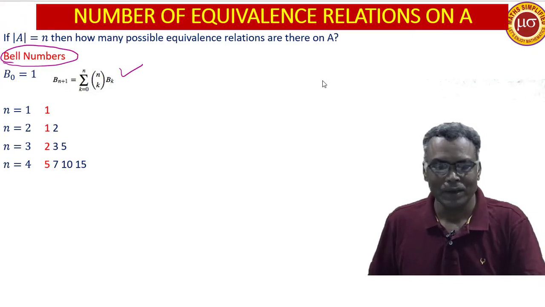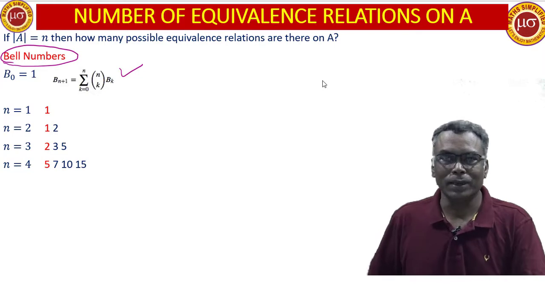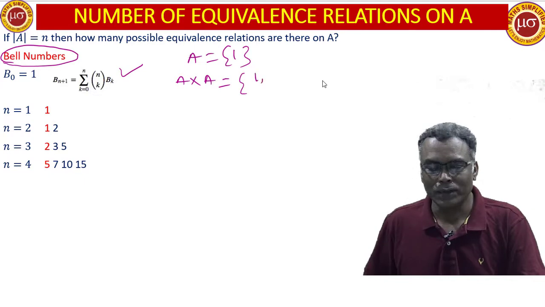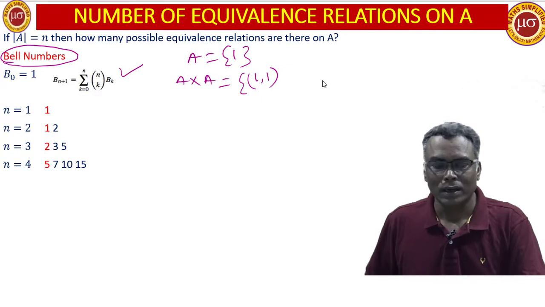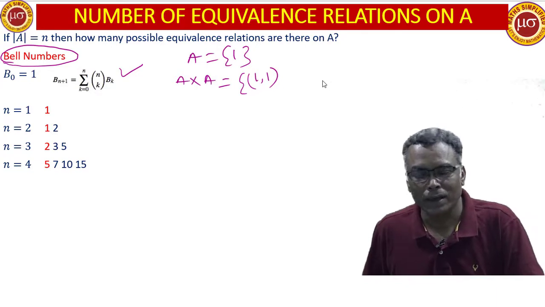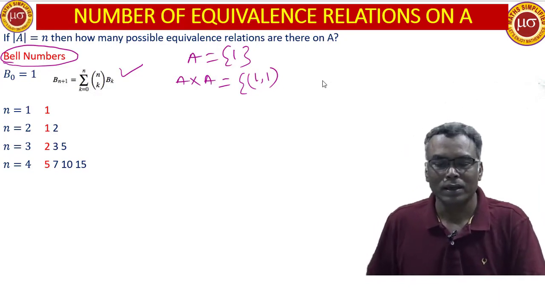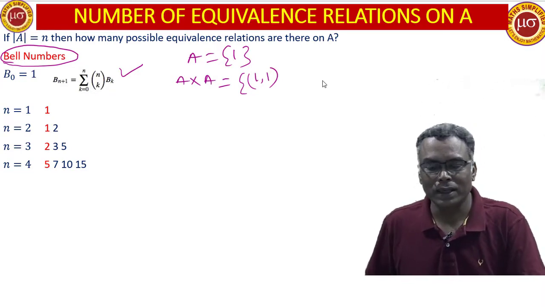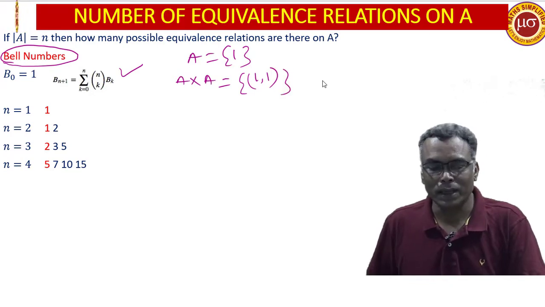Now, if a set has only one element, then how many elements will be in A cross A? That is 1 1. So in A cross A there is only one element, that is 1 into 1.